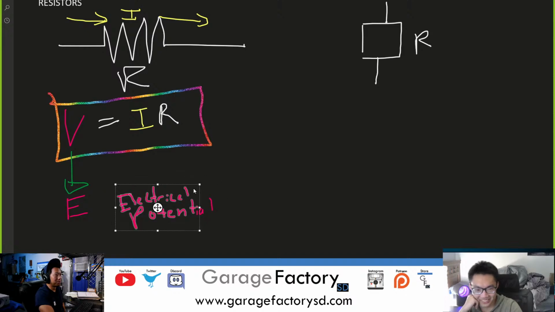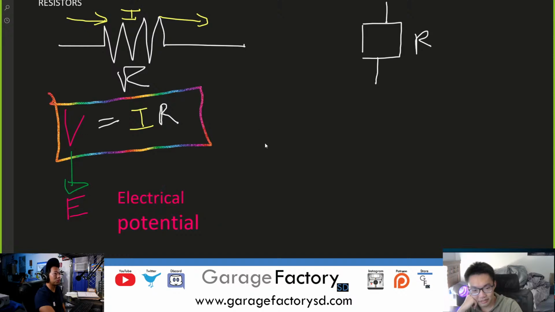Ink to text. Bam! So yes, you could write E equals IR instead of V equals IR if you want to denote V as E.